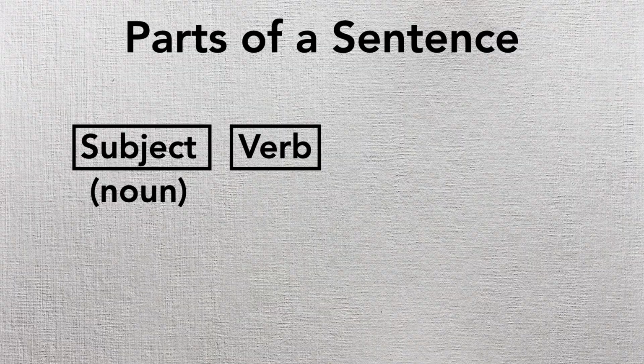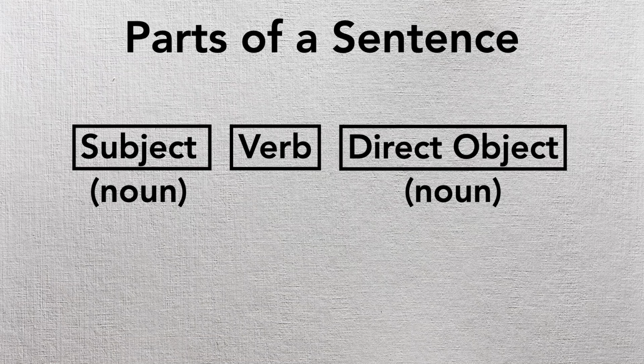And then we're going to have a verb. The verb is the action element of the sentence. That's where action is going to lie. The subject is going to perform the action of the verb. And then we have a direct object, okay? And we're going to assume this is a noun again, okay? Remember, a verb is something else. That's a different part of speech. We don't know any verbs yet. We're not going to learn Greek verbs until Module 2. But subjects and direct objects are nouns for the most part, okay?